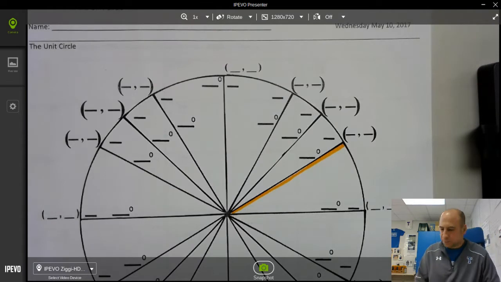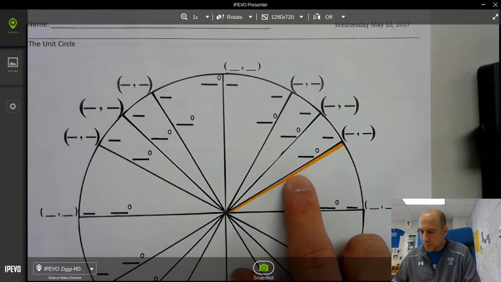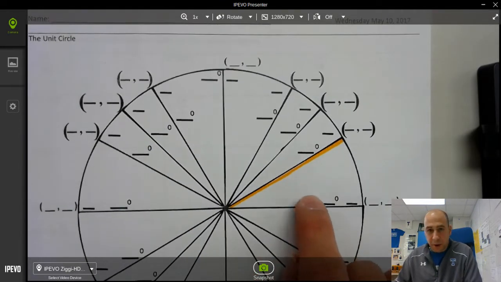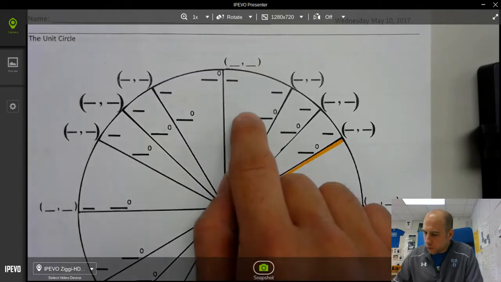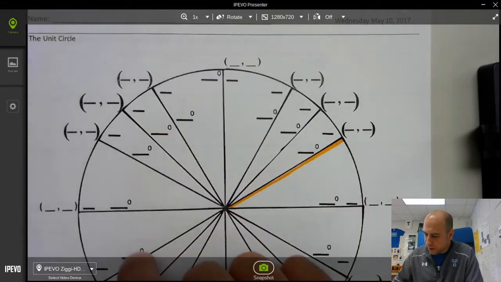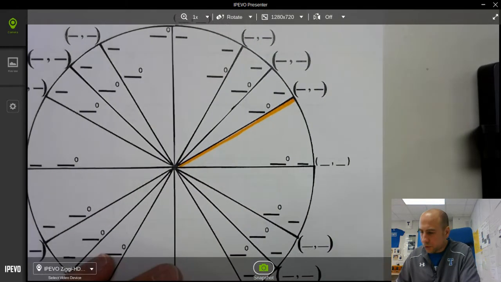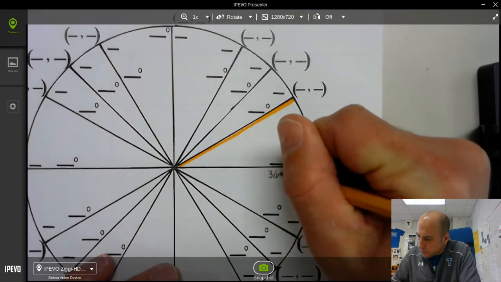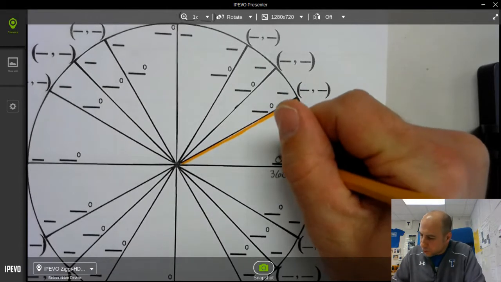All right, so now to look at this angle, I want you to see that this piece, if we count pieces, there are 1, 2, 3, 4, 5, 6, 7, 8, 9, 10, 11, 12 of them. Now, if we're talking about a circle, that's out of 360 degrees, going from 0 to 360.